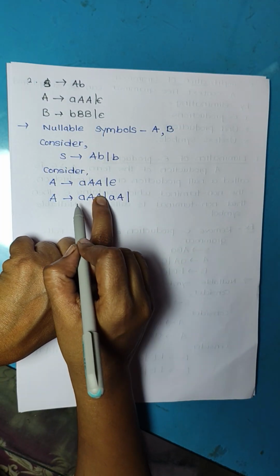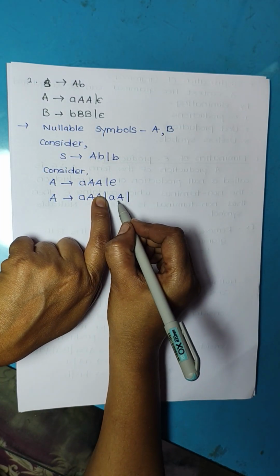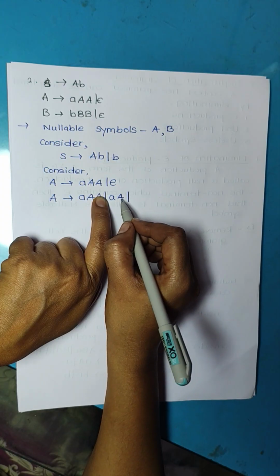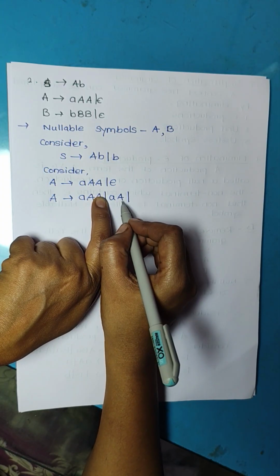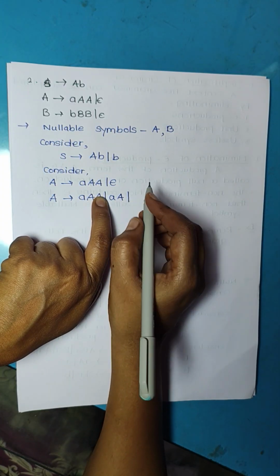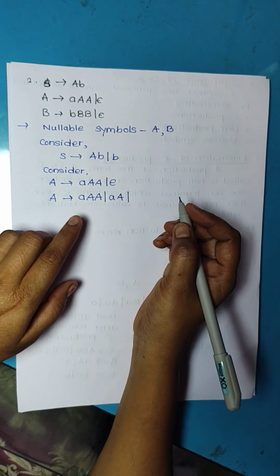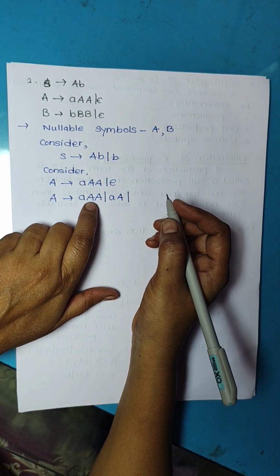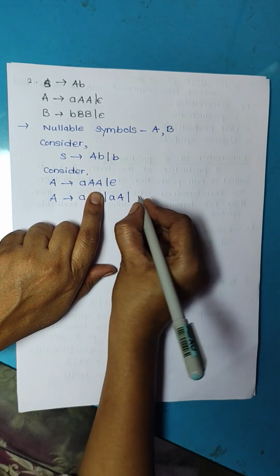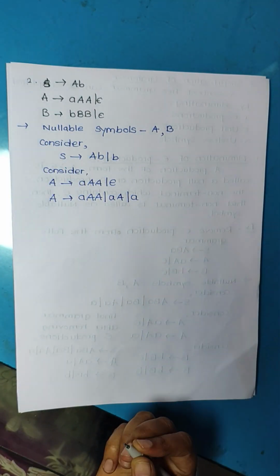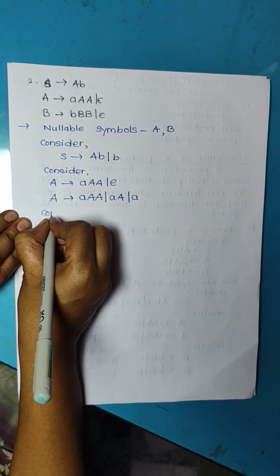Again what will be the remaining? A, but this A is already taken, so there is no need to write it again and again. Lastly, when we replace epsilon instead of these two A's, A is remaining.